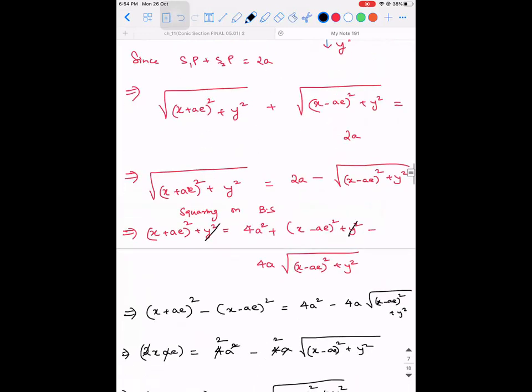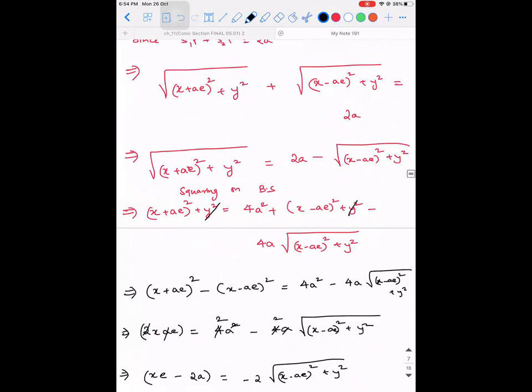Actually, I'm extremely sorry. What we could have done is we could have squared here itself, because I want that 4 to get cancelled.